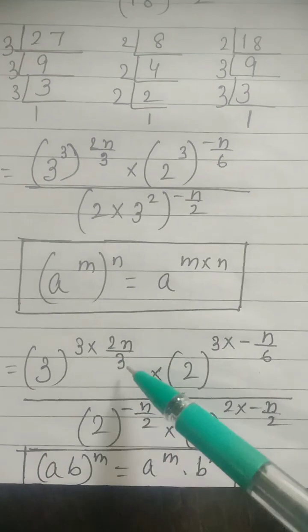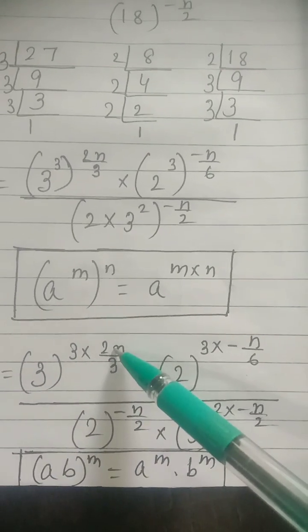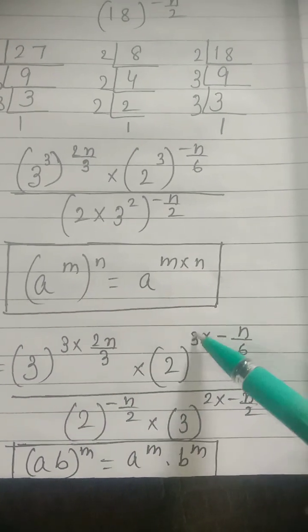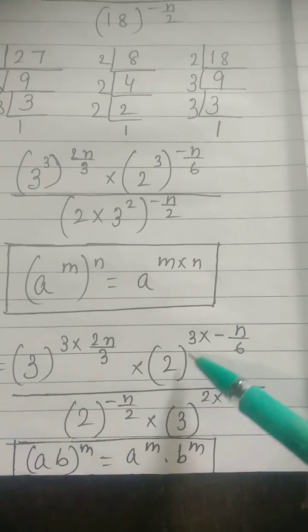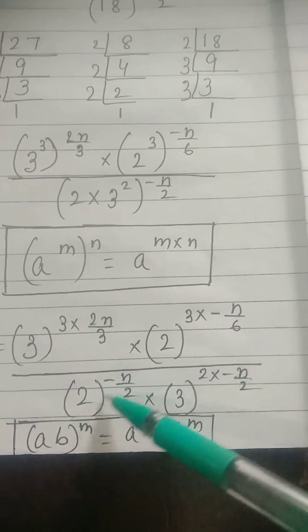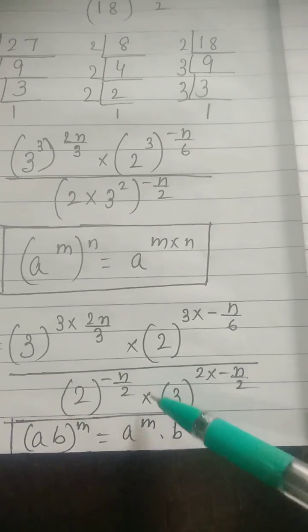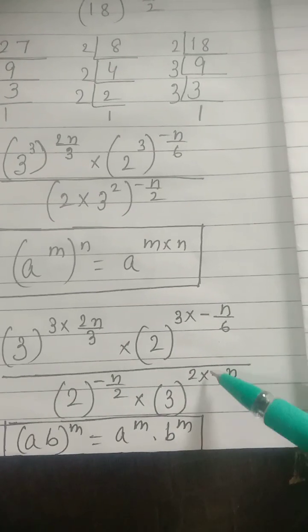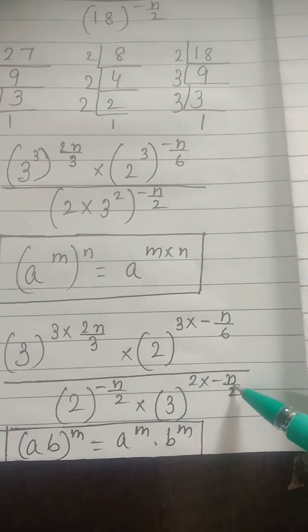Now this 3 and 3 will be cancelled, so we'll get here 3 to the power 2n. This 3 twos are 6 will be there, so we'll get 2 to the power -n/2. And here too there will be no cancellation, so 2 to the power -n/2 into, and here also 2 and 2 will be cancelled, so here we'll be getting 3 to the power -n.